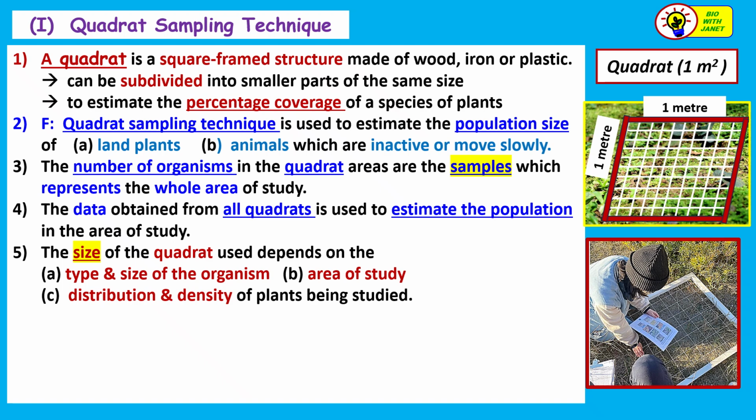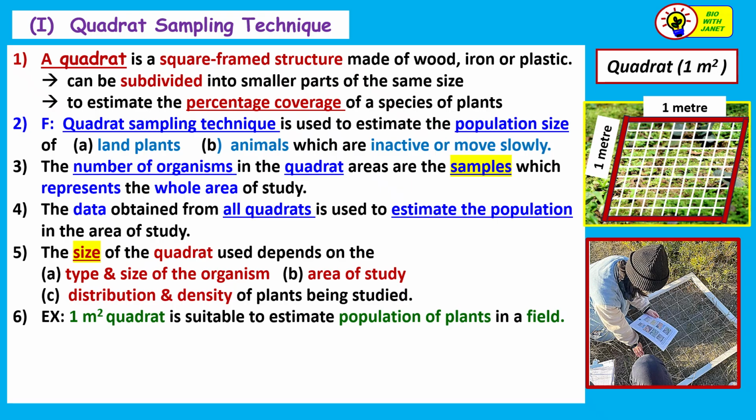Okay, but if the organism is smaller, like an algae like Pleurococcus, then the size of the quadrat is even smaller. It can be like 10 cm by 10 cm in size. All right, we'll come to that later. So the size of the quadrat used depends on the plant size and so forth.